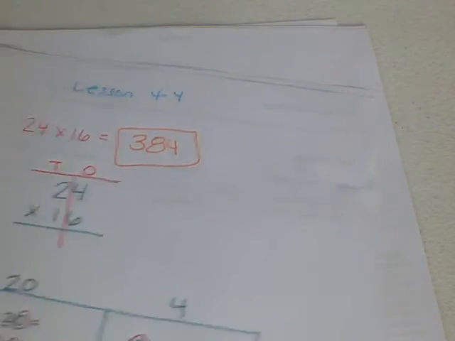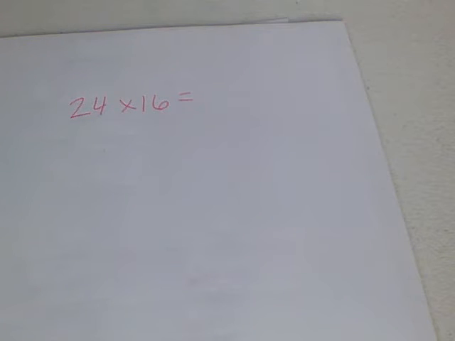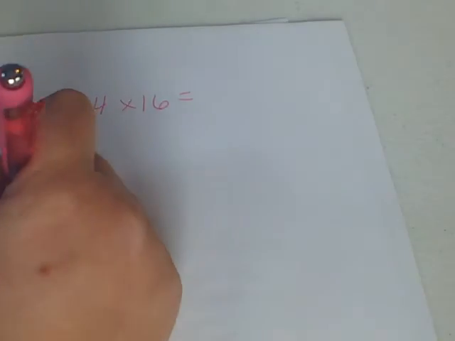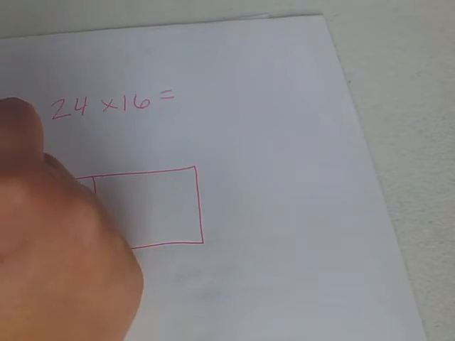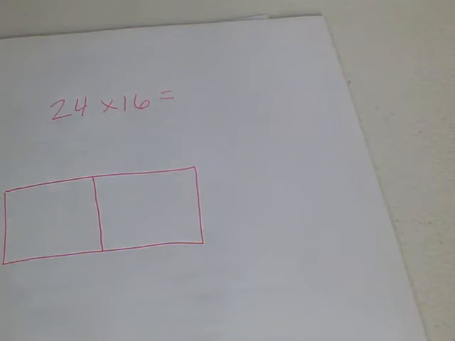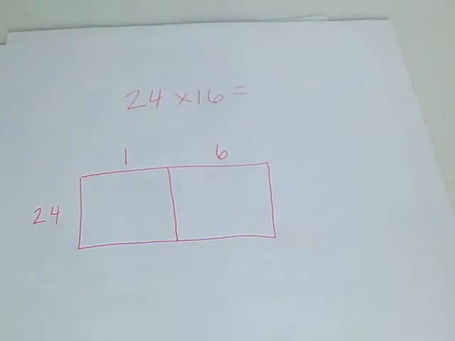I want to show you another way where I only split one of those numbers up. So I have 24 times 16. Now, I showed you how to split them both up. Let's say we only split one number up this time. I'm going to keep my 24 together, but I'm going to split my 16 up: 1 ten and 6 ones.